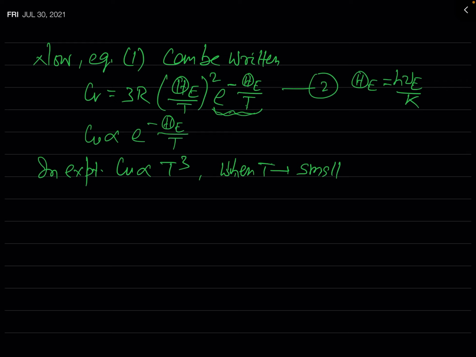But Einstein has mistaken here, and this is why this T cube law is not obtained from Einstein's formula. But in a qualitative way, Einstein's formula predicts that at low temperature, with decrease in temperature, Cv will decrease, and when T will tend to 0 Kelvin, then Cv also tends to 0.